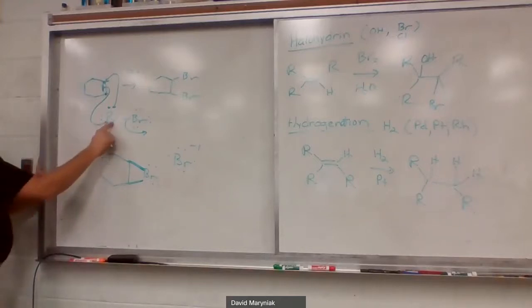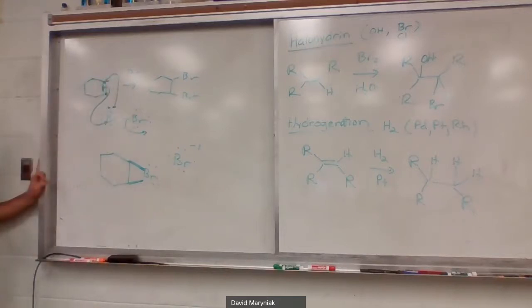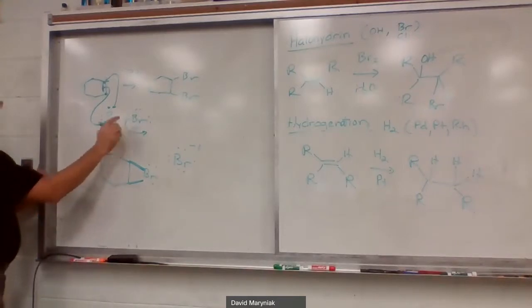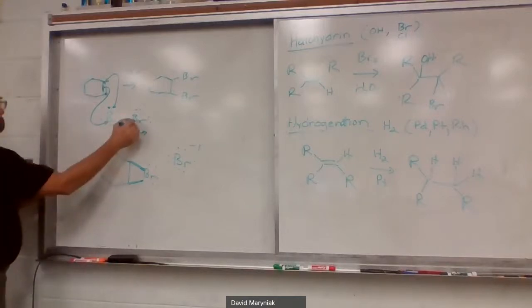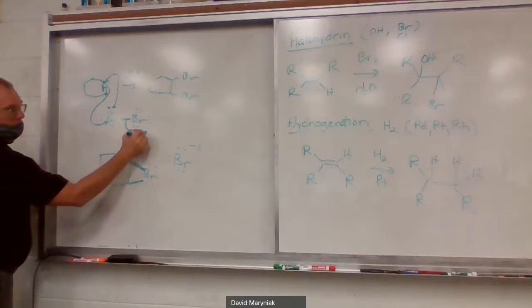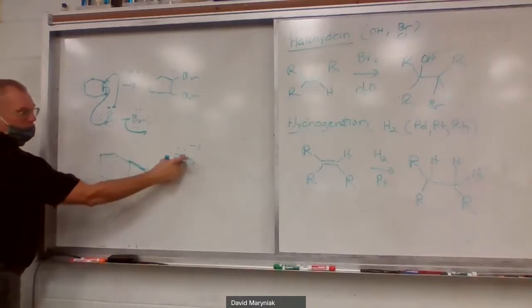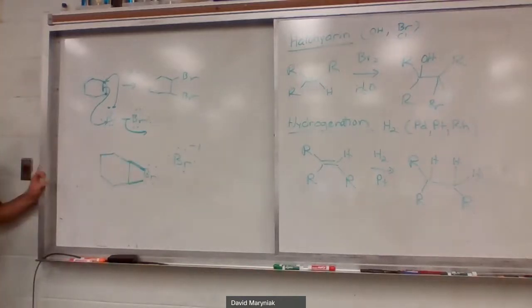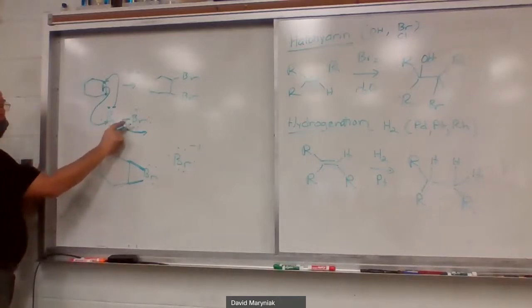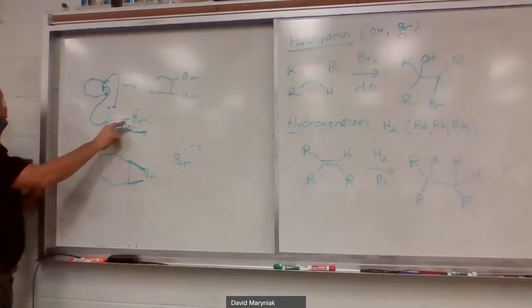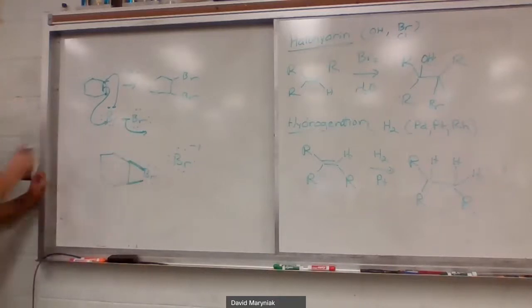And did this bromine thus gain a pair and lose a pair? So does that affect its overall charge? But what's happening here? This bromine is gaining a pair, but this arrow is saying this bromine is also losing its share of that pair, so who's going to be positive?